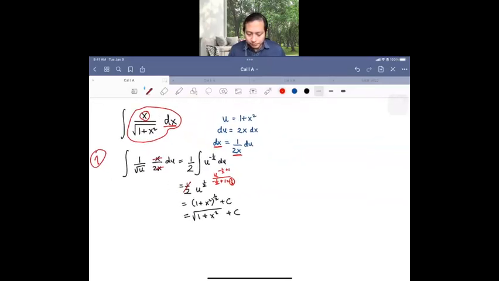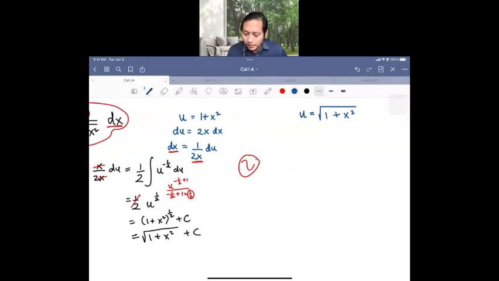The second one, I'm going to use a different element of this question. It's the same question, but I will use a different element. So let's say we have u equal to the square root like this. But before I derive, let me take the square of both sides.